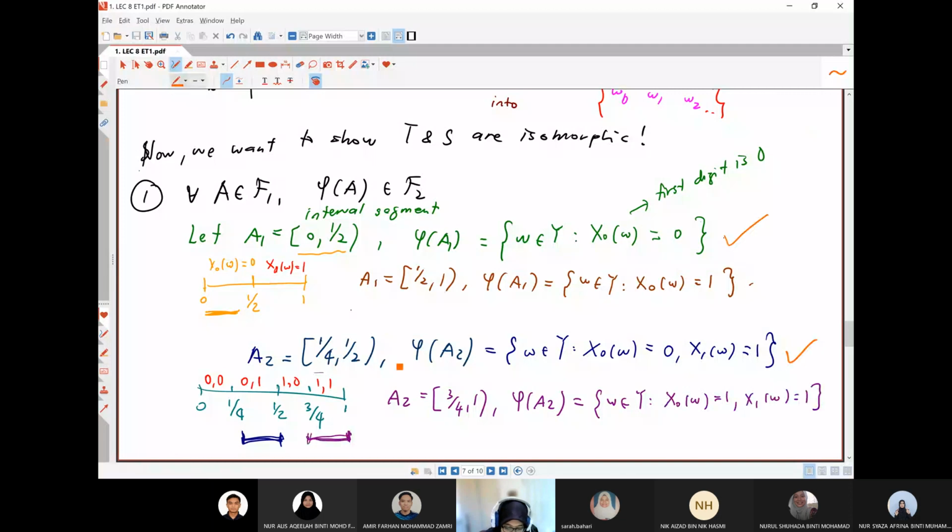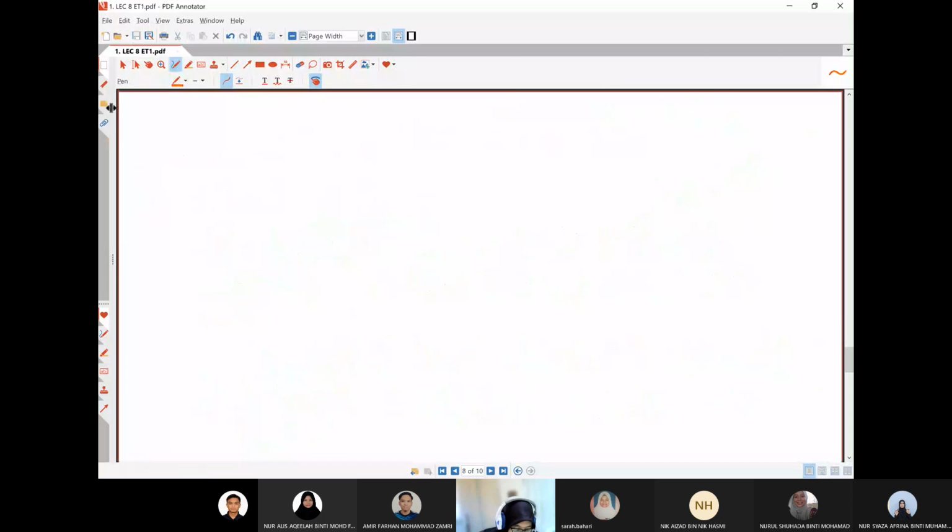Okay, what about if you have another example which is, call it as A3. So A3 is between 1/8 and 1/4. So how is the image of the A3?